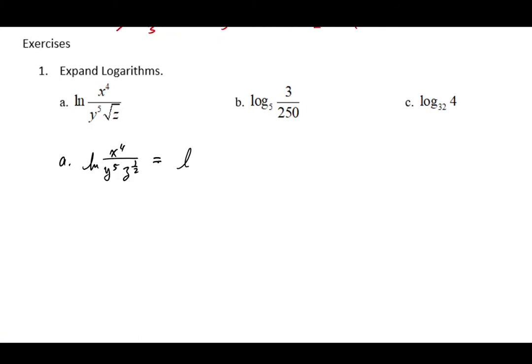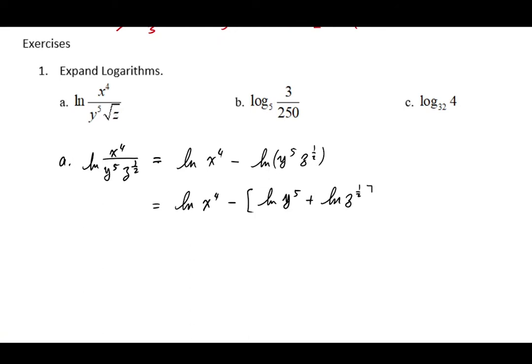So this one, ln x to the fourth power minus, and then you have ln y to the fifth power z to the 1/2 power together, right? Then that is ln x to the fourth power minus, then bracket, and these two, ln y to the fifth power plus, this is multiplication now, so it becomes an addition, ln z to the 1/2 power.